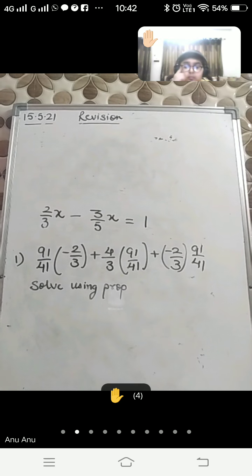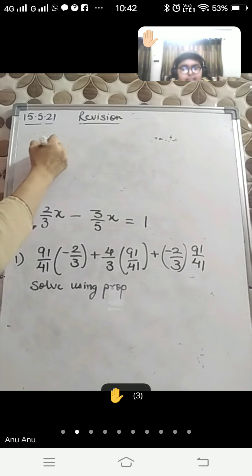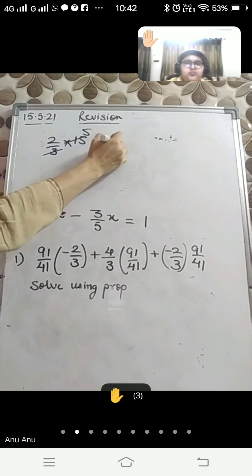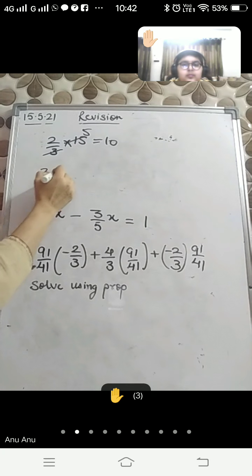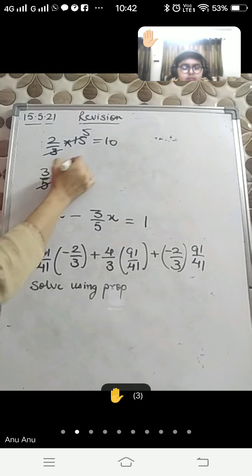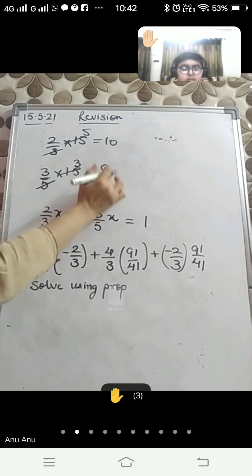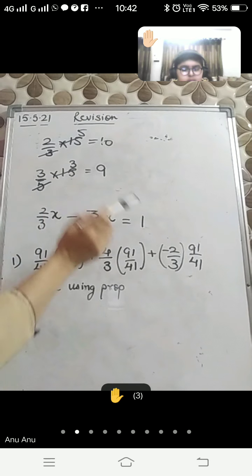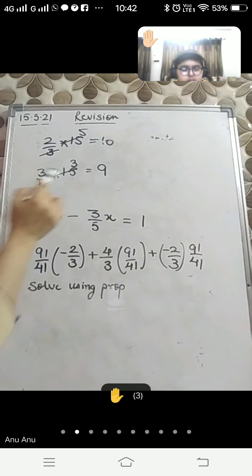You have the answer 15. Take its 2 by 3, that is 10. Take 3 by 5 of the same number, that is 9. And the difference is 1. Okay. You had to find a number whose 2 by 3rd and 3 by 5th have a difference of 1, meaning the first is bigger.